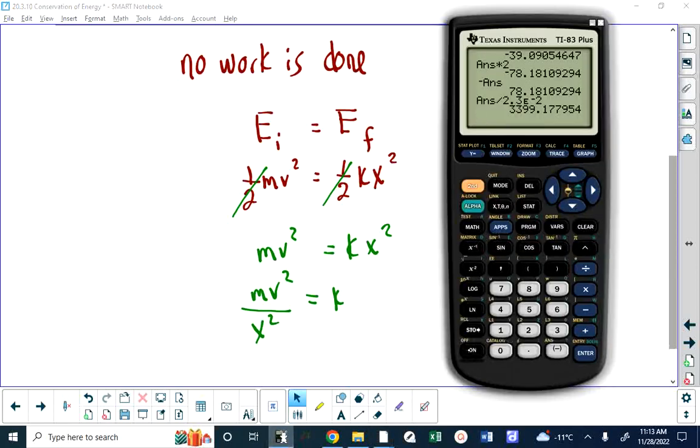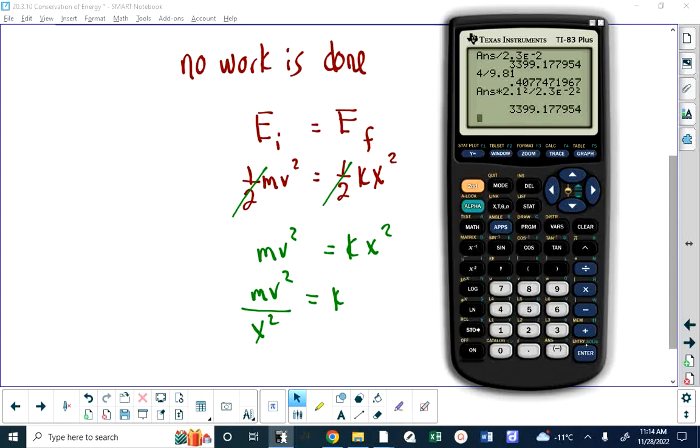What I can do is just take the mass of this number, multiply by the speed squared, divide by the displacement squared, and it's like a miracle. I get the exact same answer.